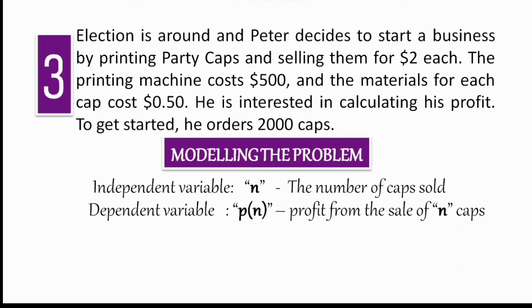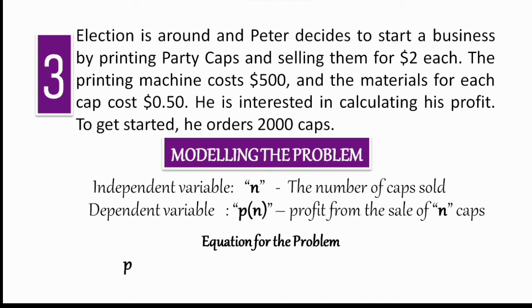So in modeling our equation, we say that the cost of each of the caps multiplied by the number of caps that he sold will give us the total sale. And the total expenditure will be the number of caps multiplied by the material cost of those caps plus the cost of the machine.